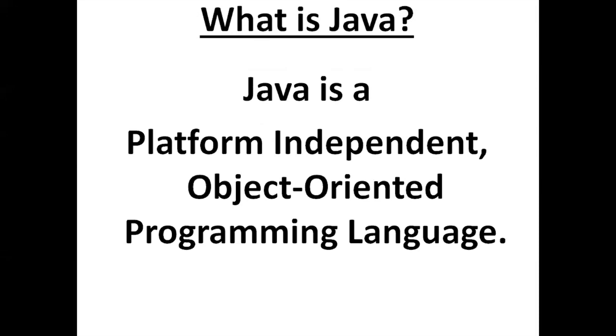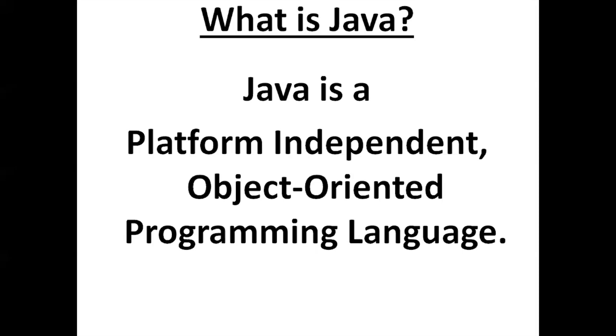So what is Java? Java is a platform independent object-oriented programming language. Then what is C++? C++ is a platform dependent object-oriented programming language.